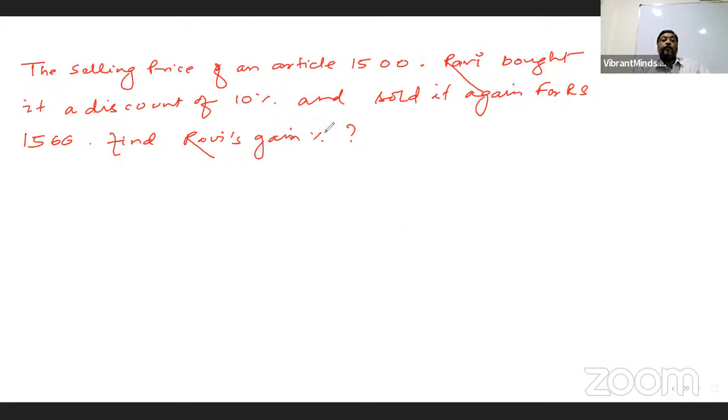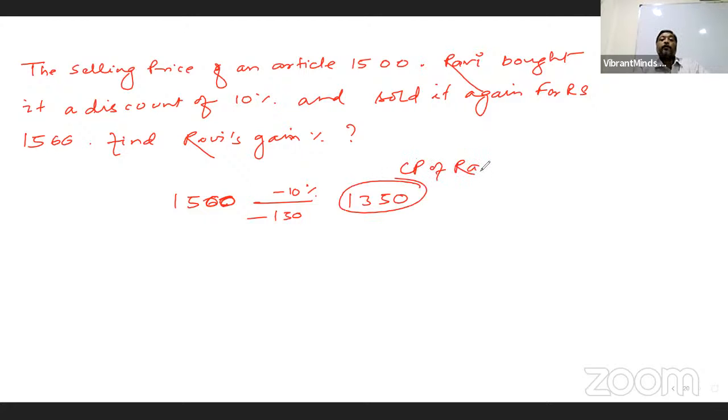The price at which the product was available is 1500, but with a 10% discount. So 10% discount means 150 discount. So Ravi bought for 1350. This is the cost price of Ravi. Ravi bought for 1350 and sold for 1566.